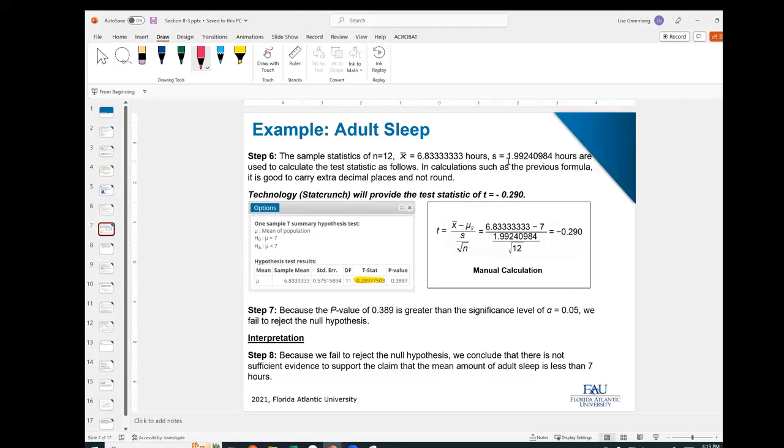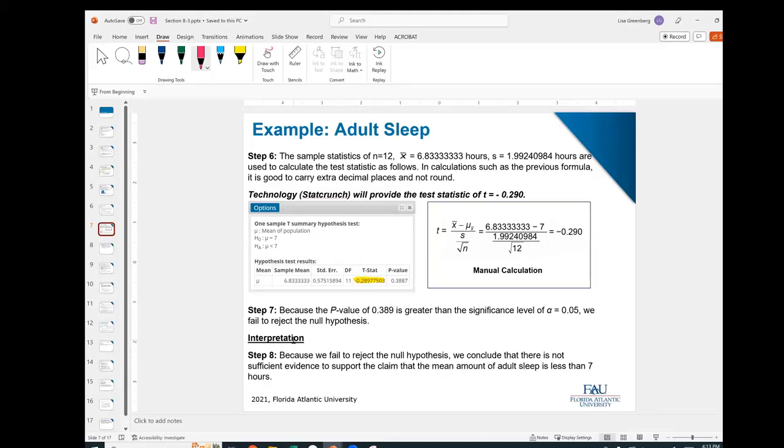We put all this information in and we get exactly what we said. Because the p-value, oh, they have a different p-value. Must have made a mistake. I should go back. Is 0.389 greater than the significance level alpha? We fail to reject. We still came up with the fail to reject, but I will go back and see.